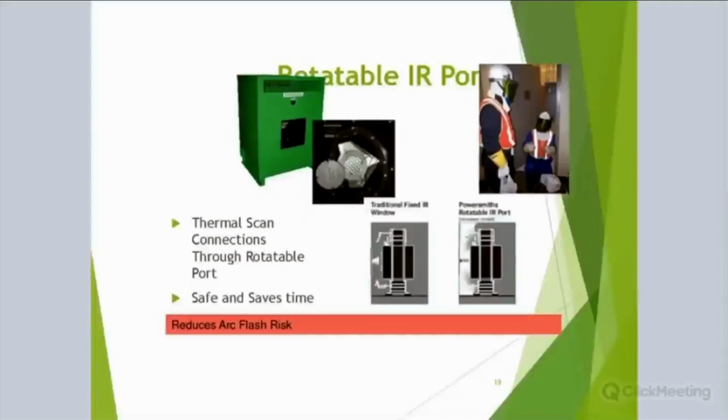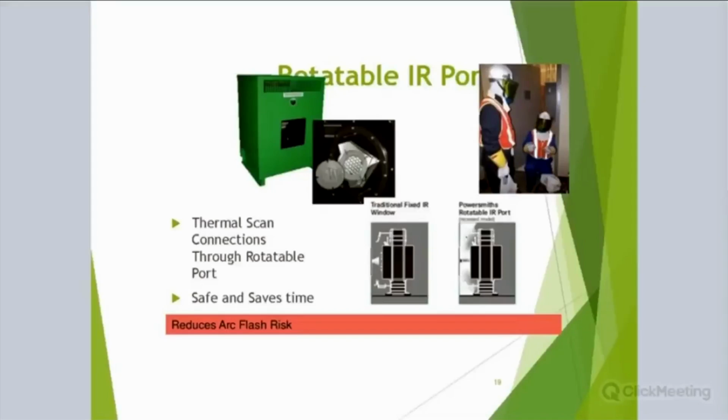Another option is IR ports, infrared scanning thermal ports. If you do scan your transformers regularly, you may want to look at an IR port for the transformer so you don't have to open the door or open the front of the transformer. There are two kinds. There's a little round window that can be placed.